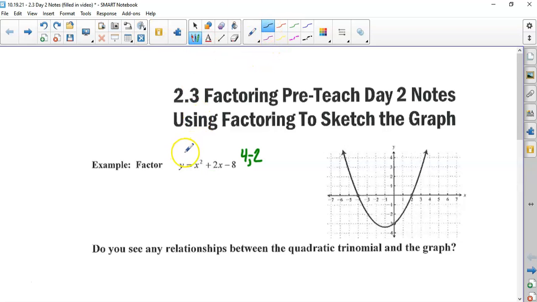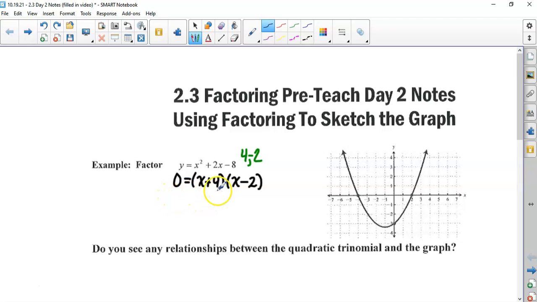So this factors to be x plus 4 times x minus 2. And now we're going to address the y equals part. We're going to set this equal to 0 to see where this quadratic equals 0, literally.